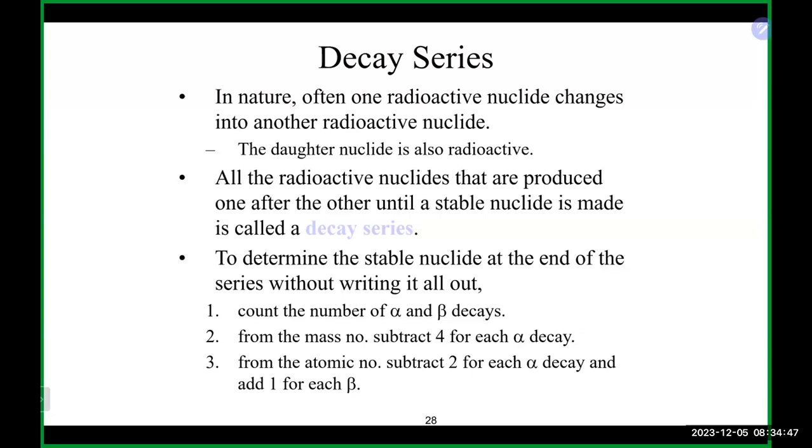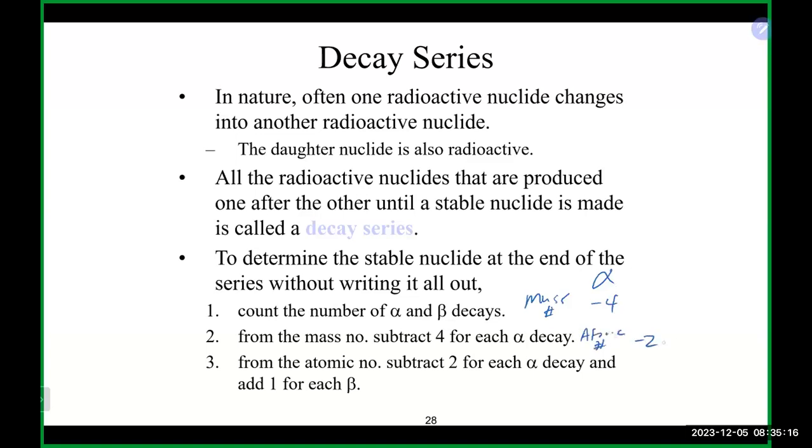You can do reactions like we did, balancing equations one right after the other. And if alpha decays or beta decays are involved, you can basically subtract from the mass number. For every alpha decay, you subtract 4 from your mass number and subtract 2 from your atomic number.